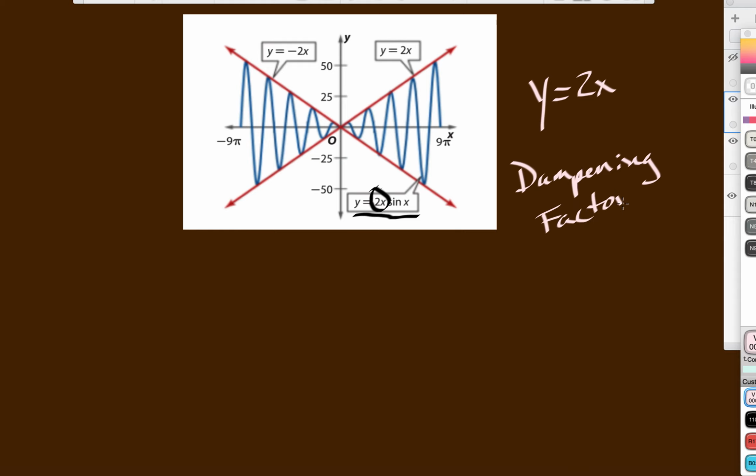All right, and this is all I really want you to know about it. I don't need you to know how to do it. I can set you up so that you can see what it looks like on a calculator. When you put it into a calculator, you put in this whole function, and then you put in these two as functions, and then it shows you those two lines, and it shows you the wave and how it gets smashed and how these two things touch each other.